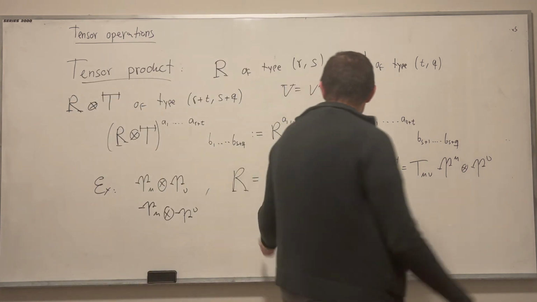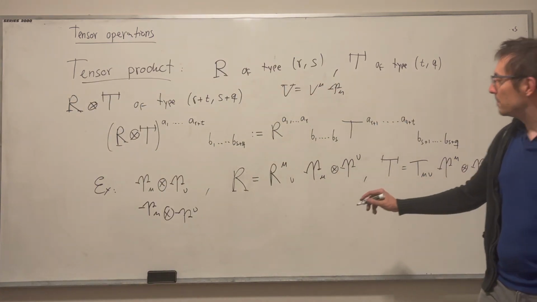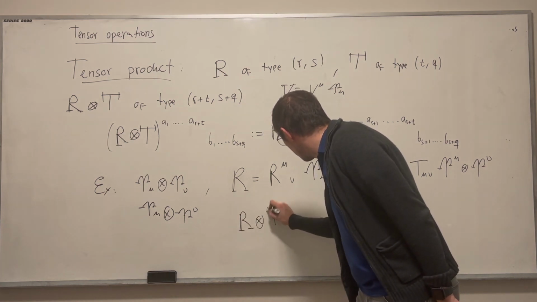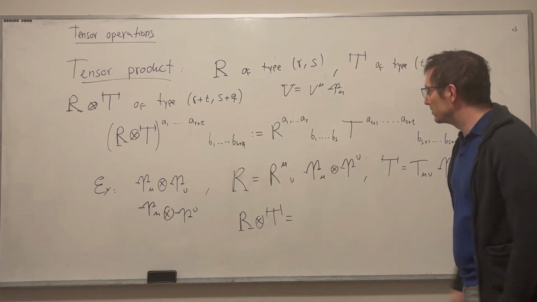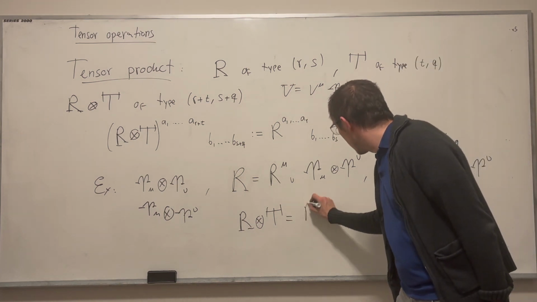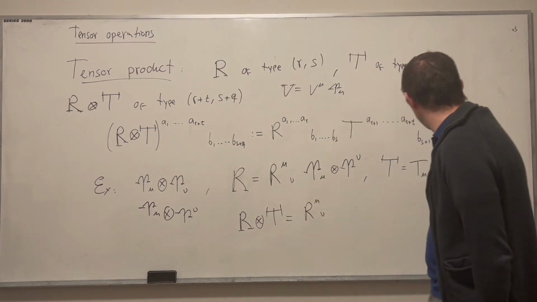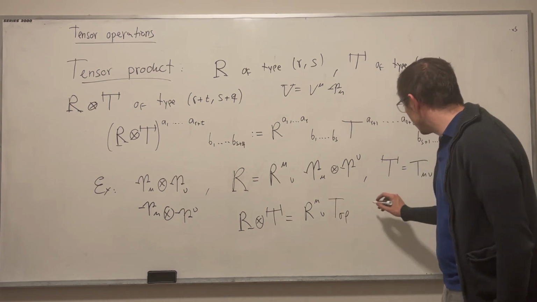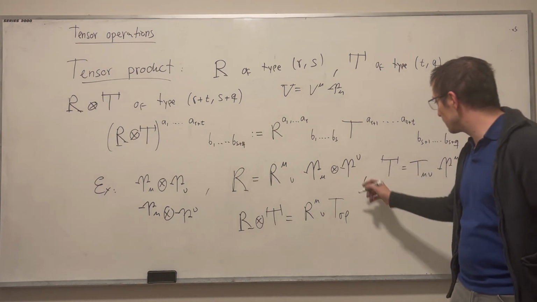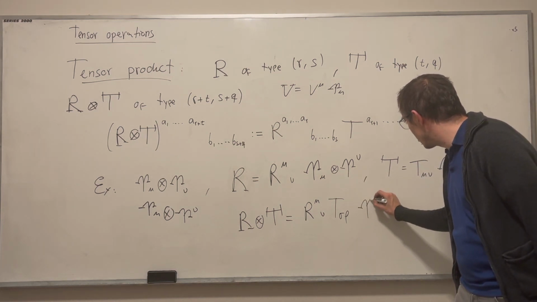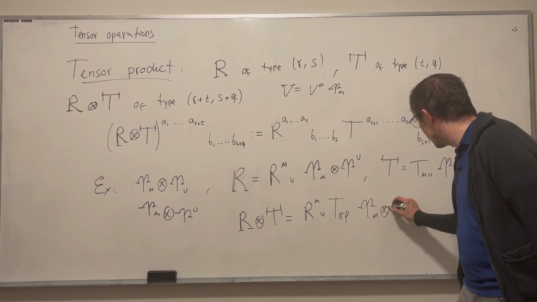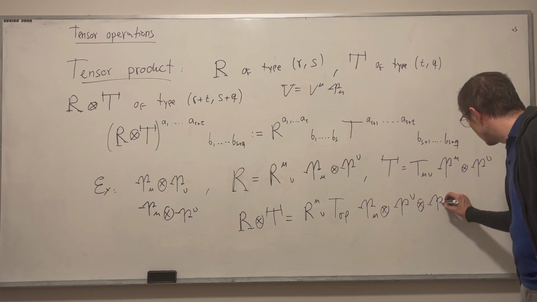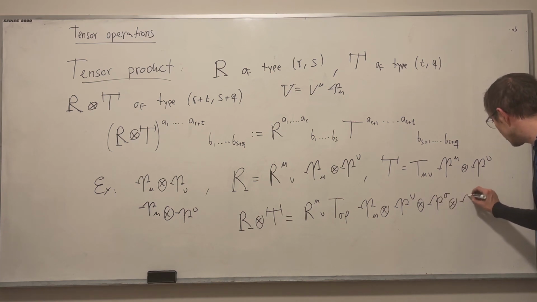All right, so I have these two tensors, and I want to compute the tensor product R tensor T. Well, it is R^mu_nu. I'll change the names of these indices because I can't repeat them. T^sigma_rho, and then I make the tensor product between the bases: epsilon sub mu tensor epsilon nu tensor epsilon sigma tensor epsilon rho.